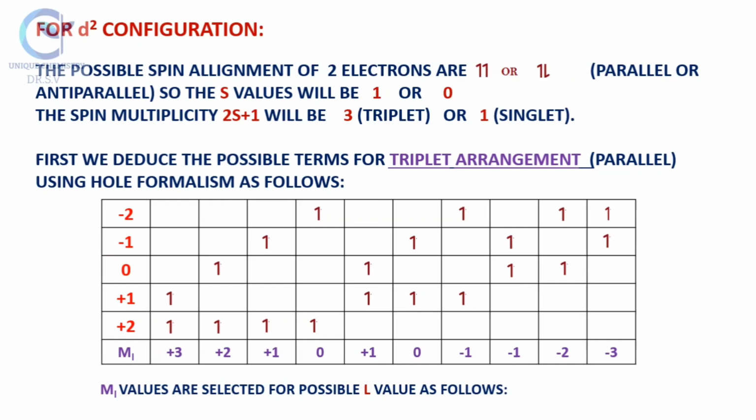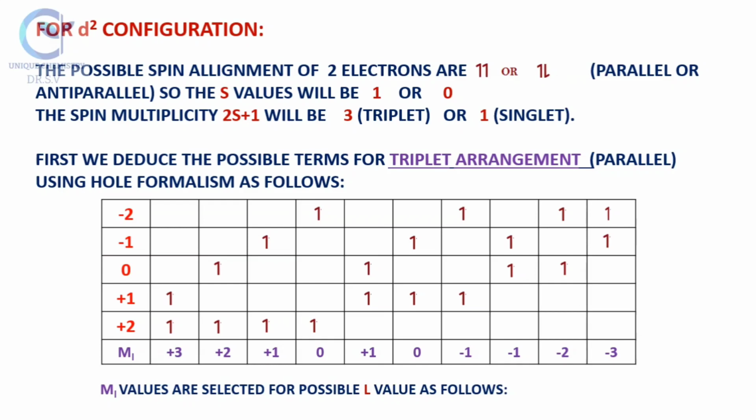The spin multiplicity 2S plus 1: if S equals 1, it is 2 into 1 plus 1, which is equal to 3, a triplet. If S equals 0, then 2S plus 1 is equal to 1, a singlet. So there are 2 states, a triplet state and a singlet state. First we deduce the possible terms for the triplet, the parallel arrangement, using hole formalism as follows.